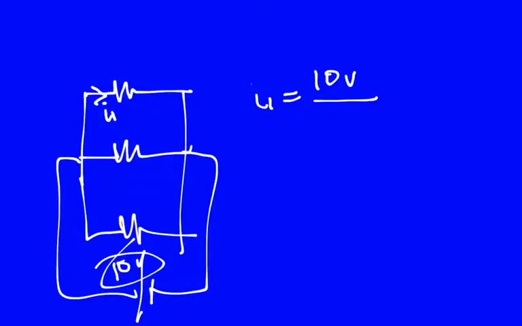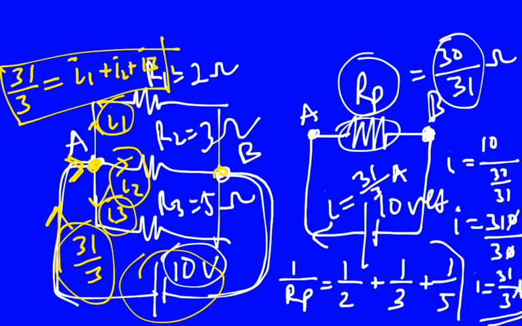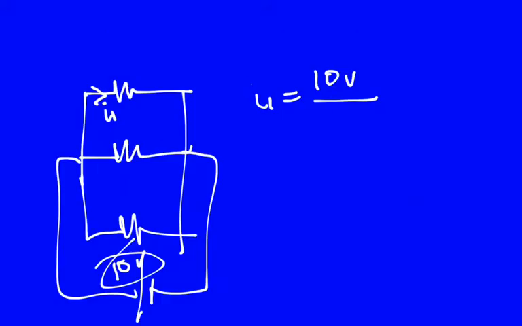So look, since they are connected to the same 10 volt battery, therefore I1 is just the voltage of the battery, 10 volts, divided by this resistance. What is it? 2 ohms. Okay, so it will be 5 amps.